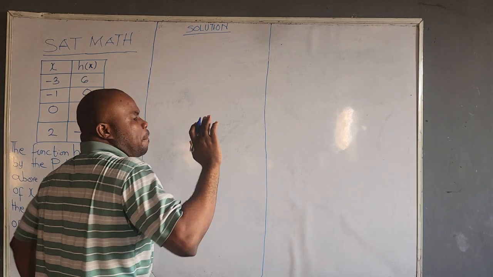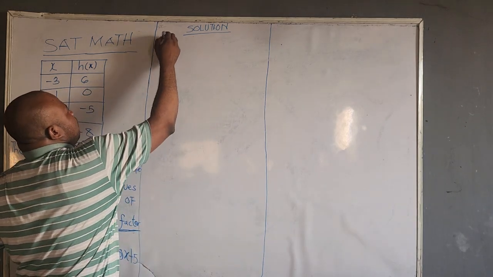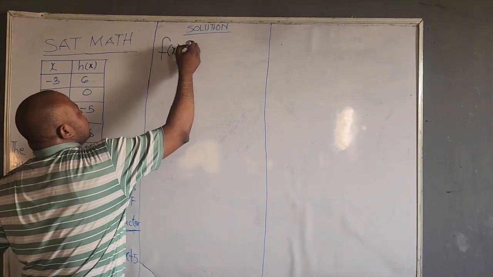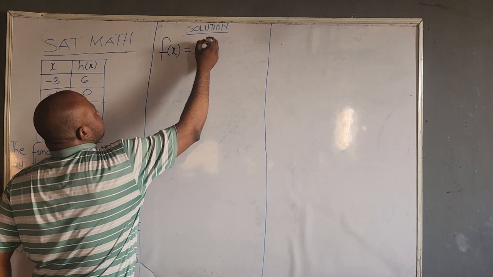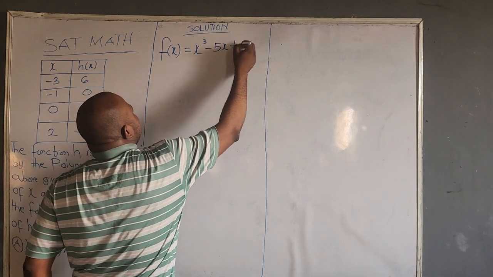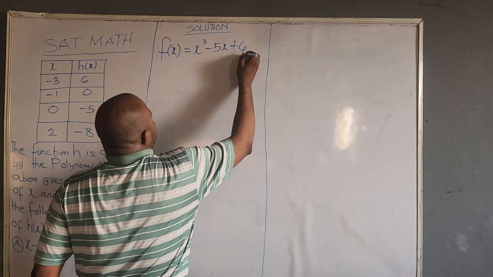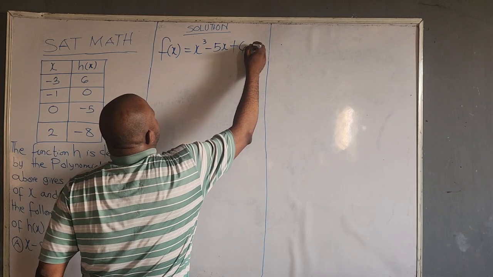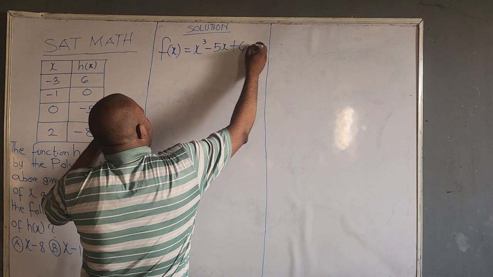Now, suppose I have a polynomial f of x equal to x cubed minus 5x plus 6 minus 2.